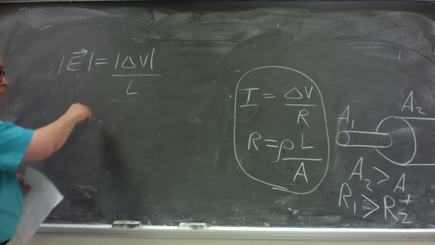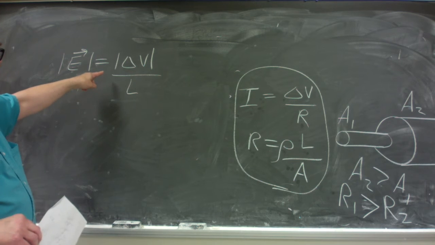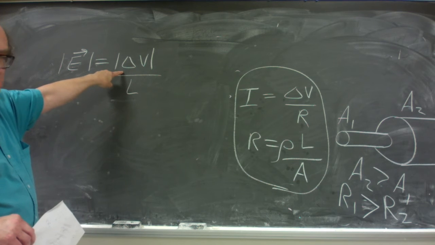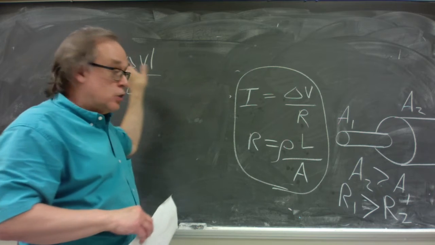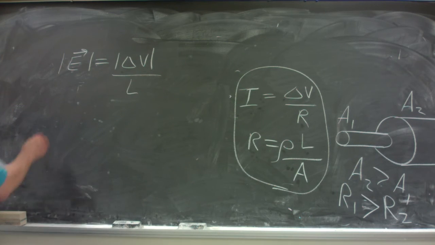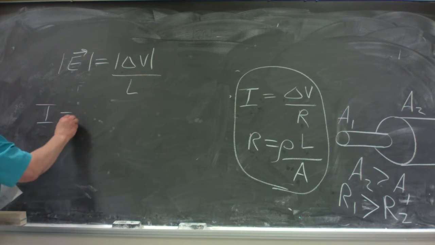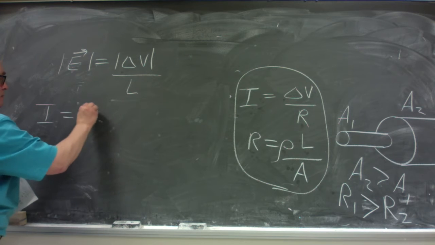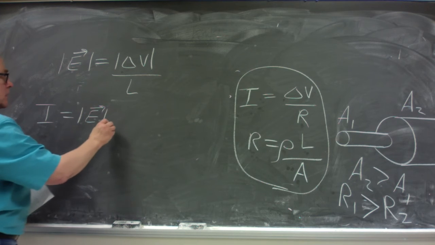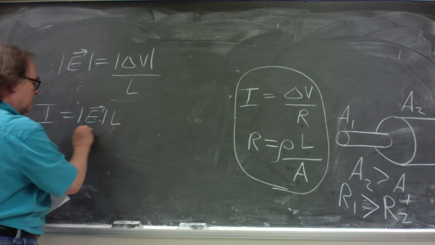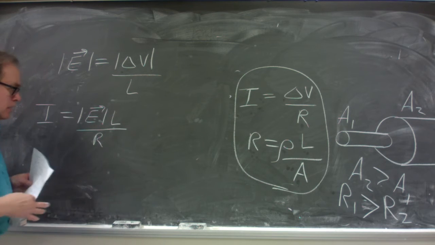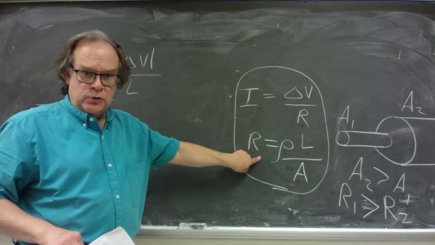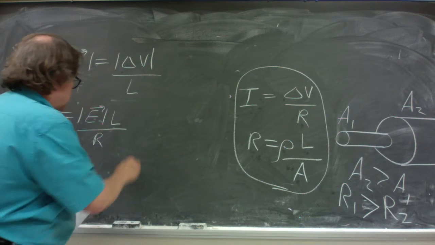Okay, so if we write potential change according to that equation here, then we have current equals field times L over R, but now write R, the resistance, this way.